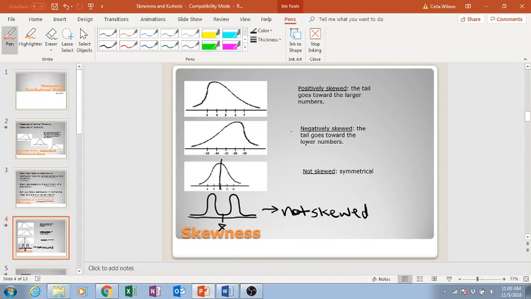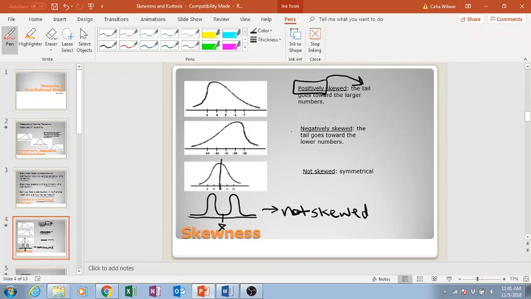Okay, if we have one of these other options, either positively skewed or negatively skewed, I want you to try to keep something in mind when you're thinking about which it is. So if it's positively skewed, try to remember that that word positive is really talking about the tail of the distribution.